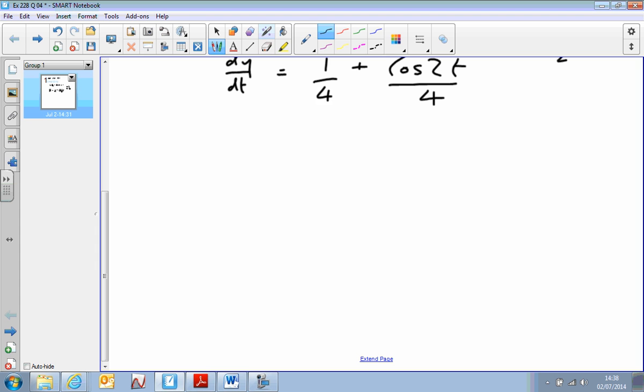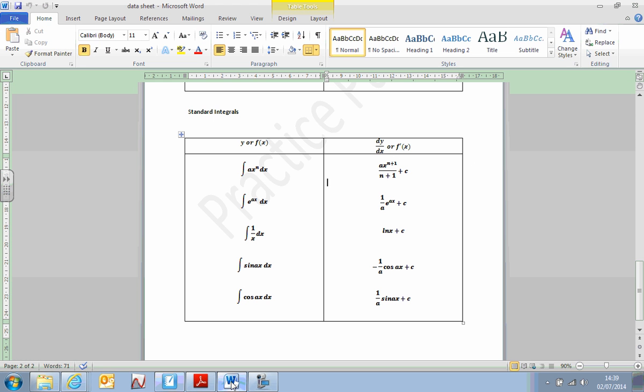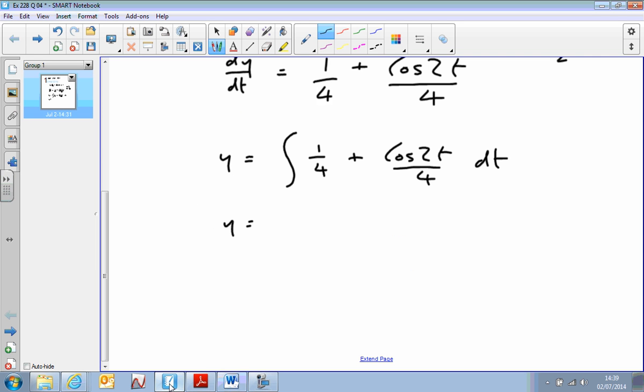So the integral of left hand side is just y, and then I'm going to integrate a quarter plus cos 2t over 4 with respect to t this time. Doing the integral and using my standard table, cos becomes sine from my table of standard integrals. Cos becomes sine, and the a inside comes out and goes underneath. So integrating a quarter, the variable reappears.